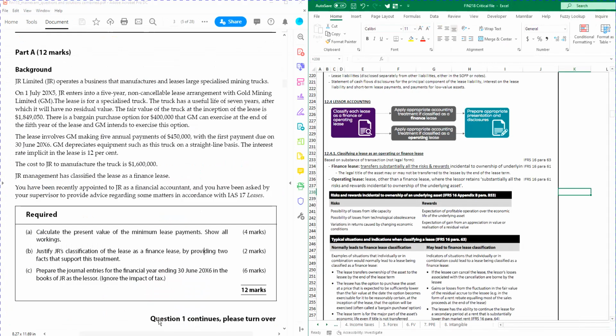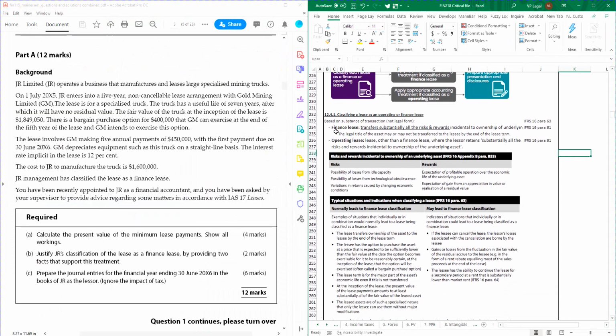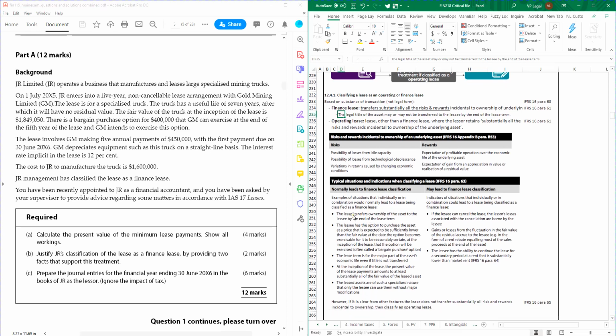So if you remember from the critical module file, the difference between a finance lease and an operating lease. There's a lot of different things which would indicate a finance lease. So the lease transferring ownership, an option to purchase the asset at a price that is expected to be sufficiently lower than the fair value.